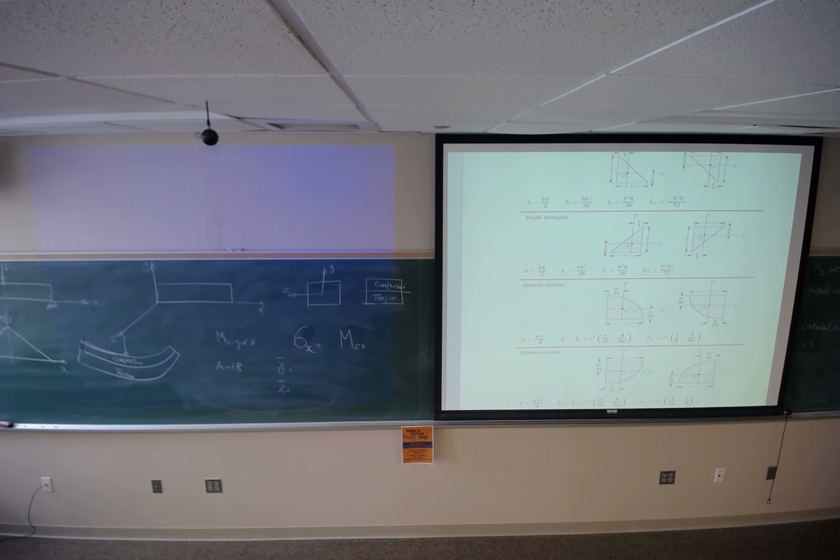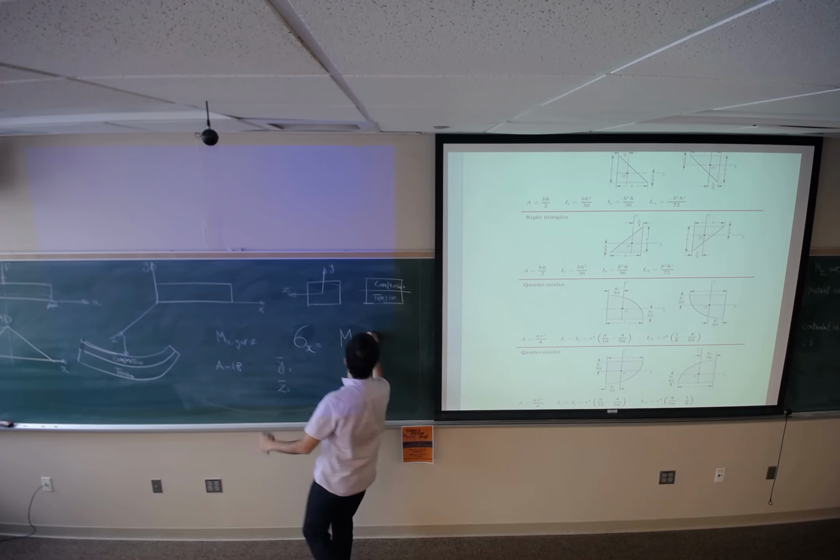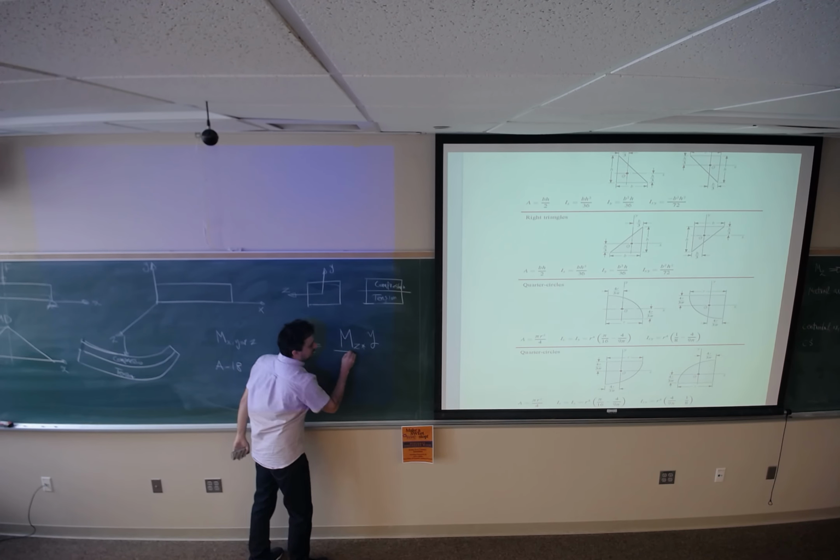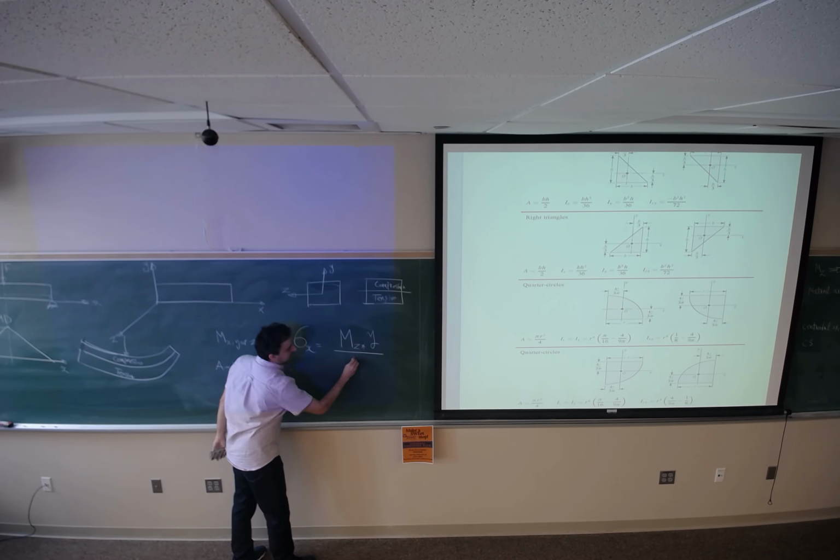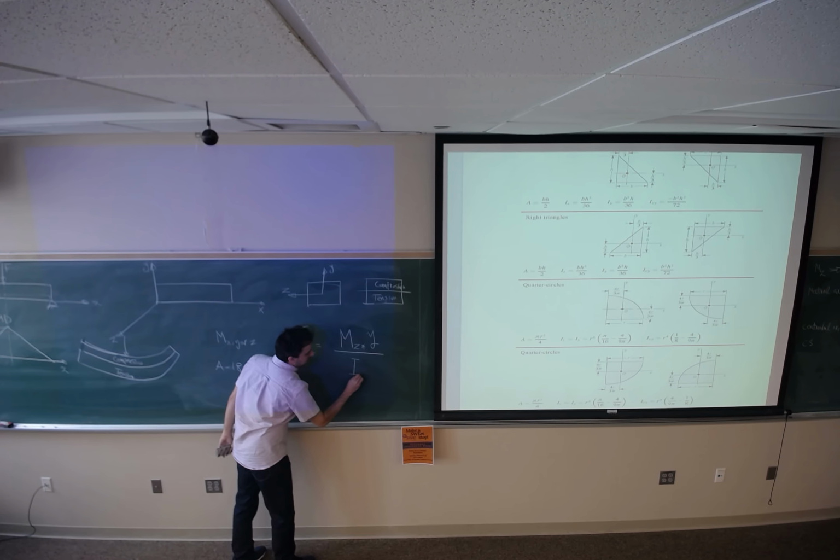If the point is here, the y is going to be this. If the point is here, the y is going to be this, but negative, because it's below the positive side. So whatever is the y coordinate of the corresponding point, multiplied by Mz, divided by the second moment of area.